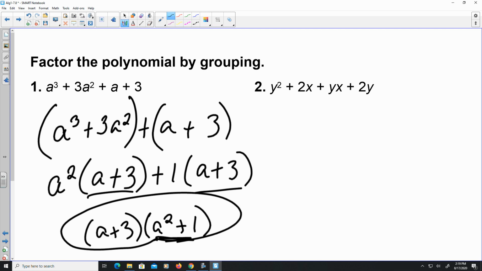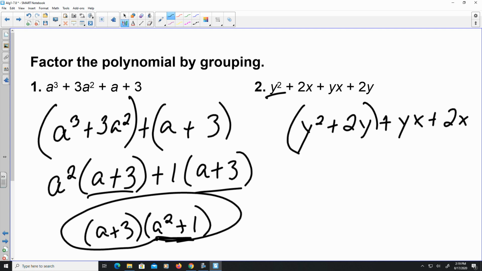Looking at the next example here. Now that y squared is our lead term, that means we have to rewrite it as y squared plus 2y plus yx plus 2x.